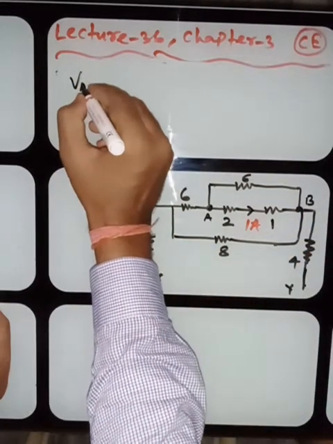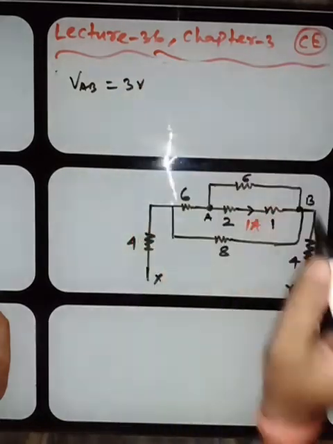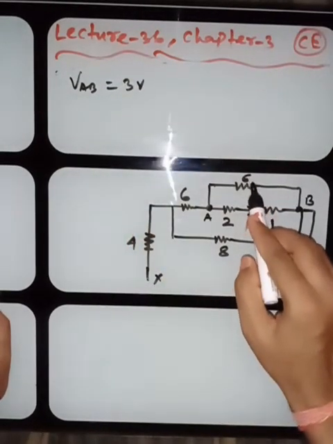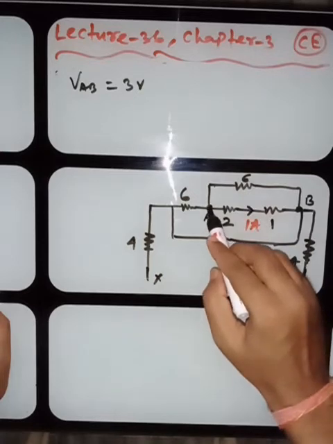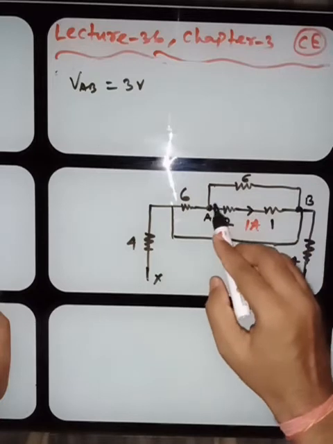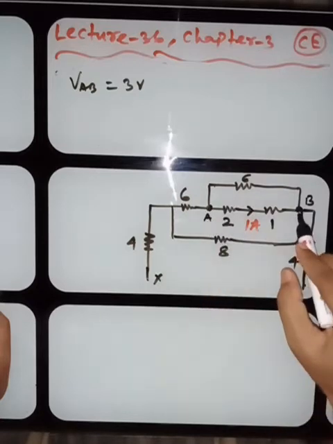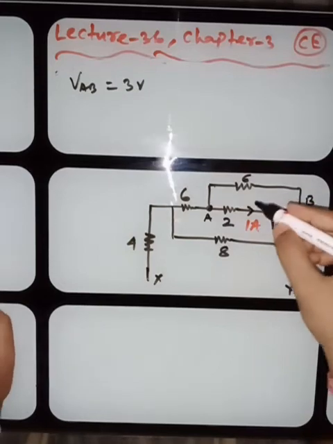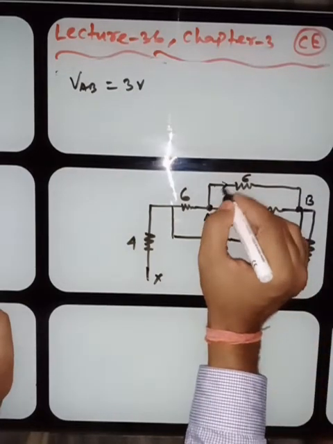If VAB is 3 volt, then what will be the potential across this 6 ohm resistor? It is also a resistor having the same 2 terminals, A and B, so it will have 3 volt again. What will be the current across this one?